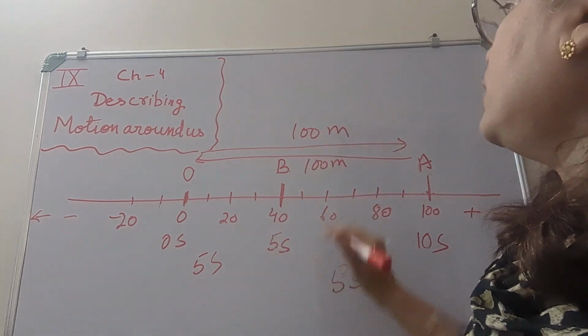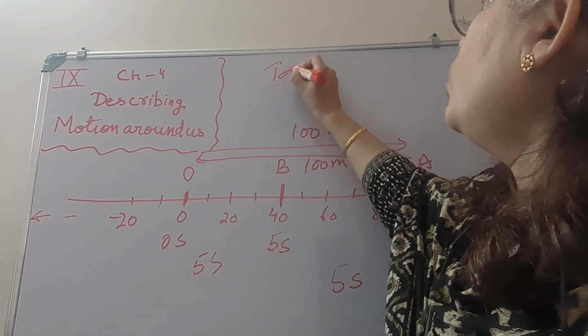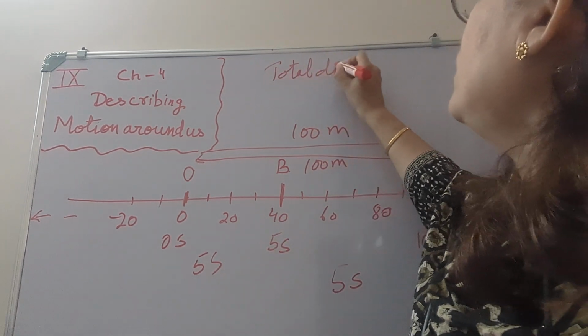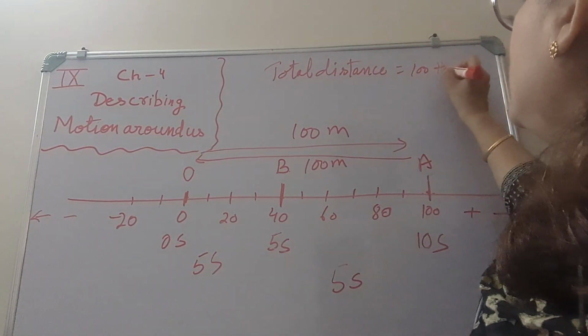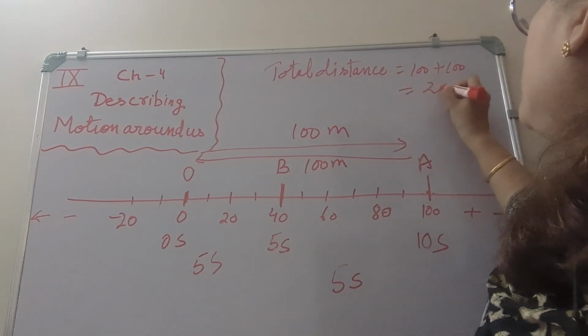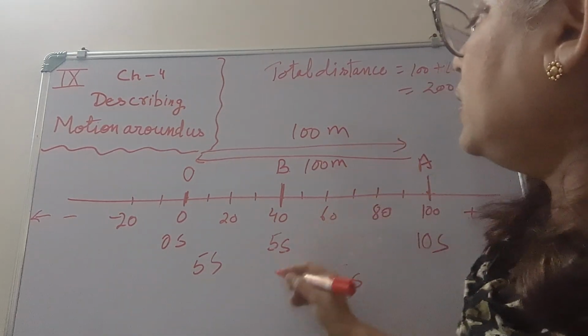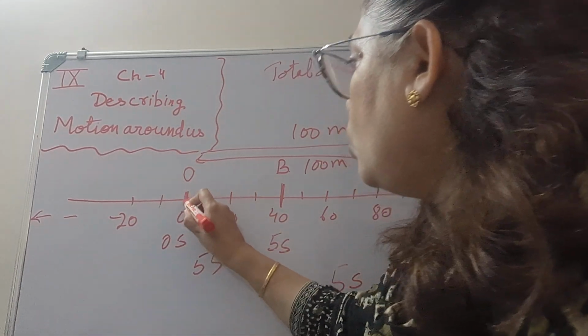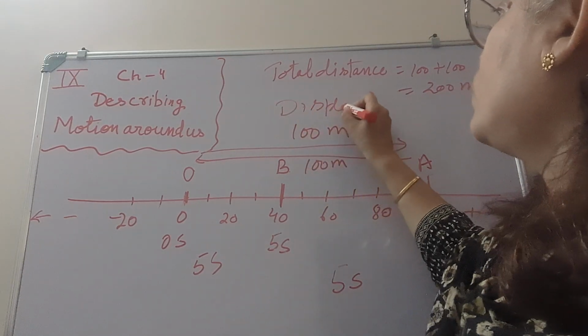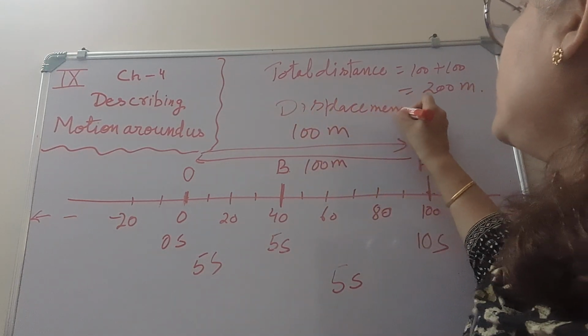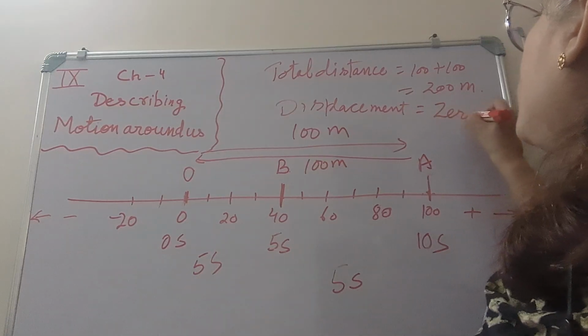So total distance travelled is 100 plus 100, that is 200 meters. But since it reaches point O again, its displacement is 0.